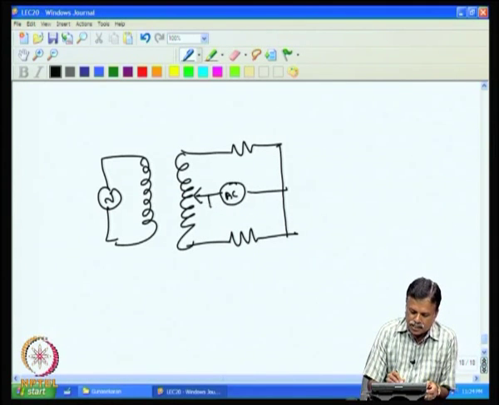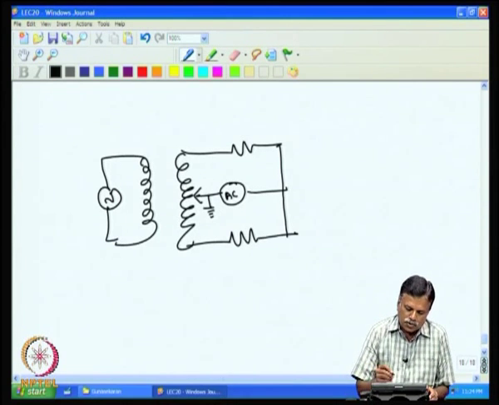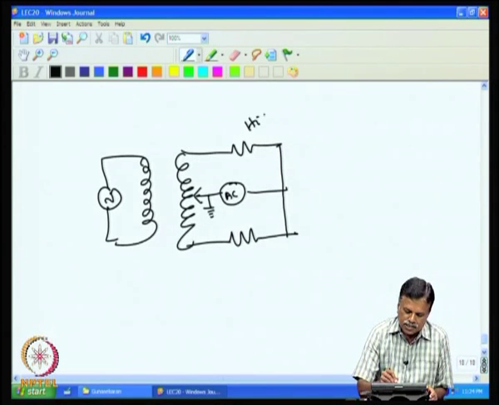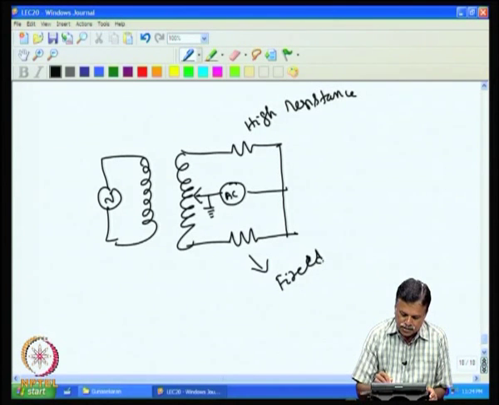And then this center tap, the variable tap, is connected to ground. So this is the high resistance under test. This is also a high resistance, but it is a fixed standard resistance.